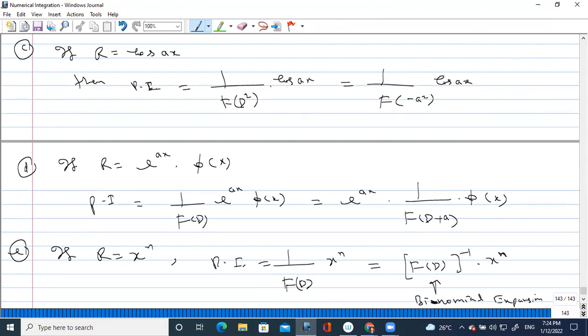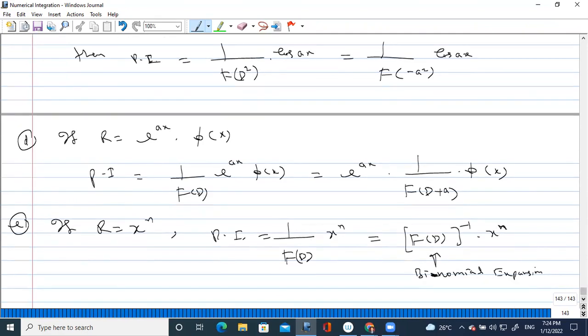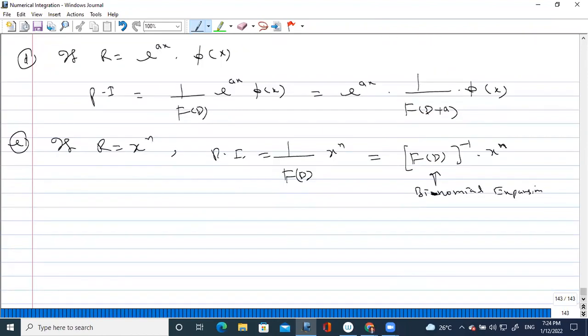In the binomial expansion you will get the differentiation terms. Those differentiation terms will be with power of 0, power of 1, power of 2, and they will differentiate this x to the power n accordingly. So like this we go.